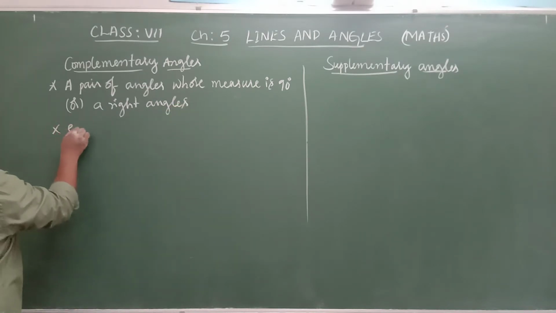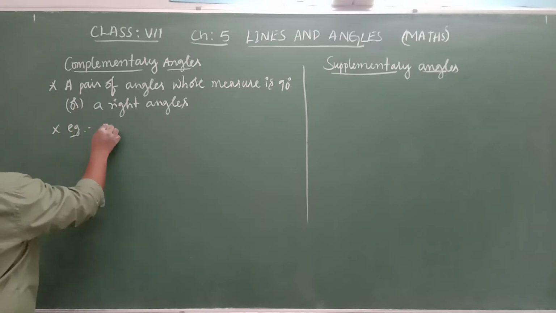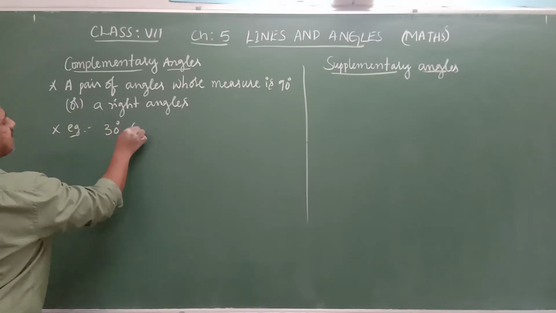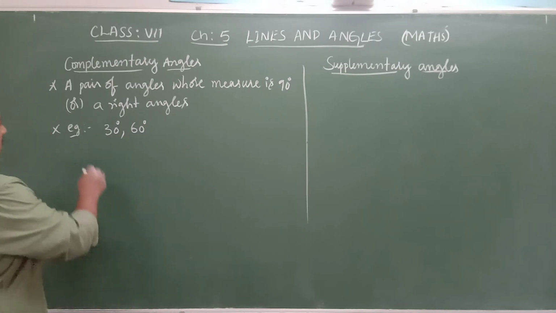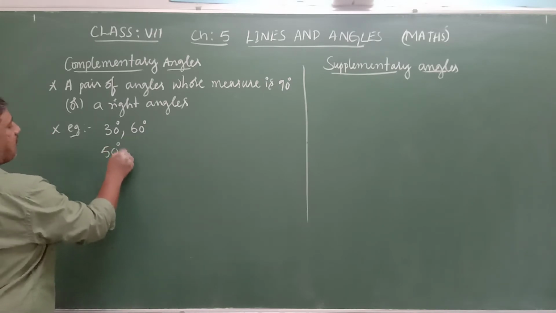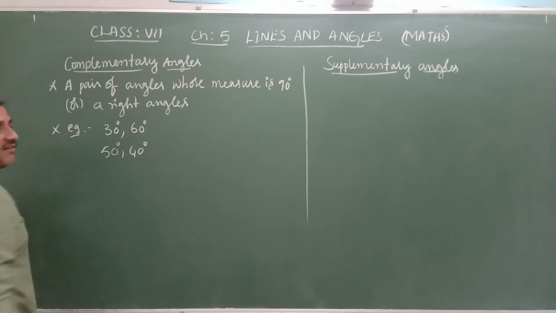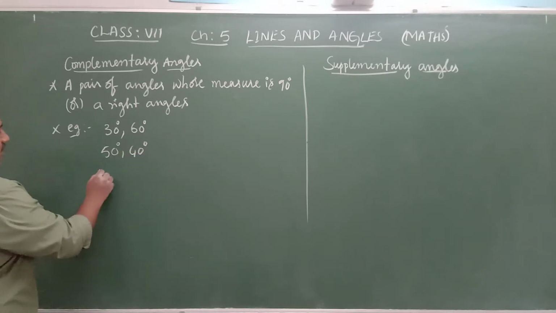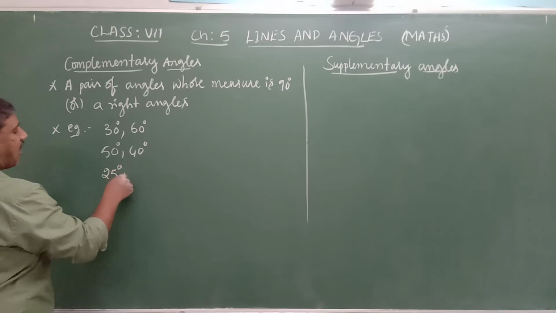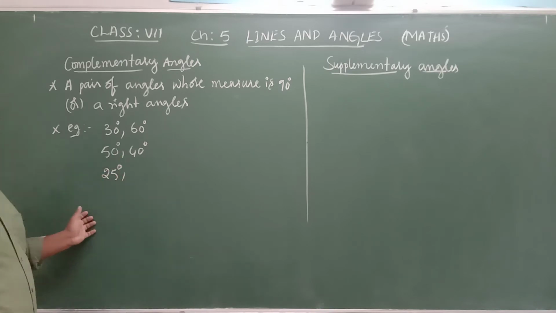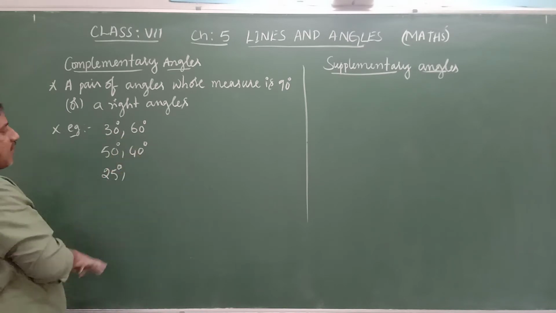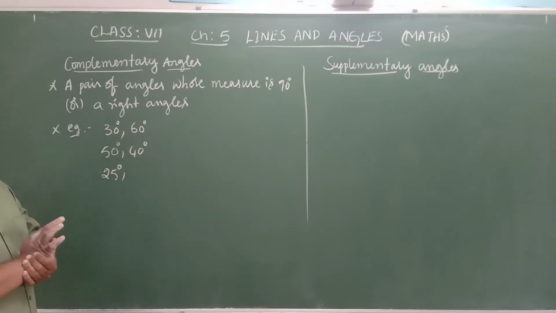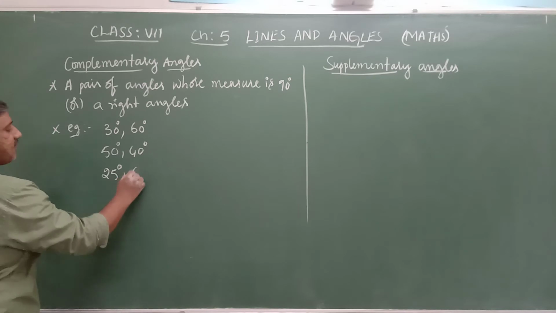So, examples you can write here. 30 degrees and 60 degrees is one pair of complementary angles. 50 degrees and 40 degrees is one pair of complementary angles. If 25 degrees is one angle, what is the other angle? 90 minus 25, that is 65 degrees.